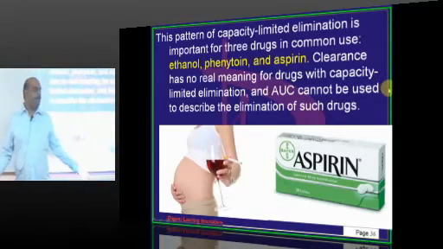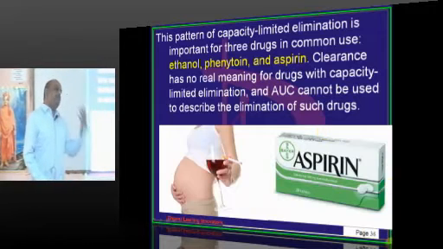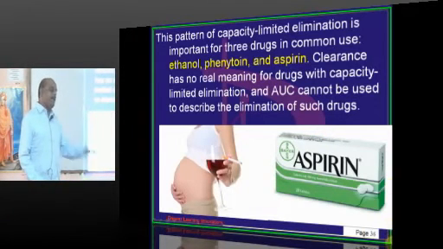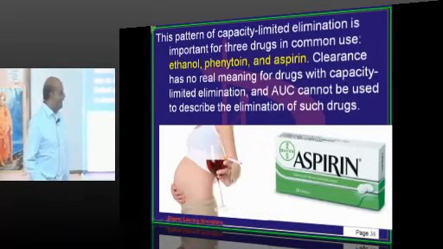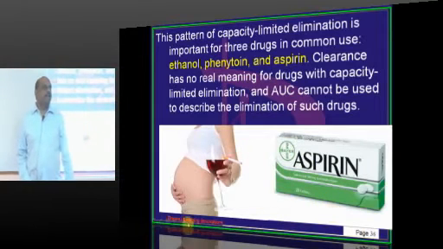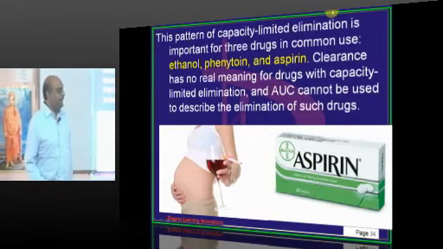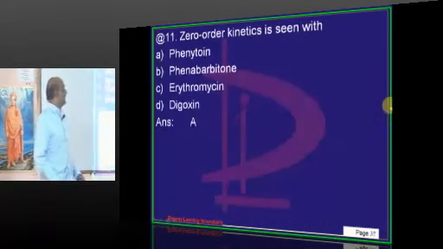Phenytoin and phenobarbital are anti-epileptics. Aspirin, for everything you use aspirin. A pregnant woman gets eclampsia of pregnancy, we use aspirin. Headache, we use aspirin. Aspirin is like the universal drug of Granima. Ethanol, the entire world is running because of it. All election campaigning is running because of that. So you need to remember these 3 important drugs.